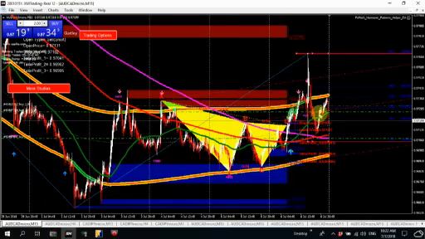Now, as you can see, based on what is happening right inside this channel acting as a kind of resistance, which means what? Price is coming back to retest this low zero, this zero level here. Price is coming to retest it before it bounces up.